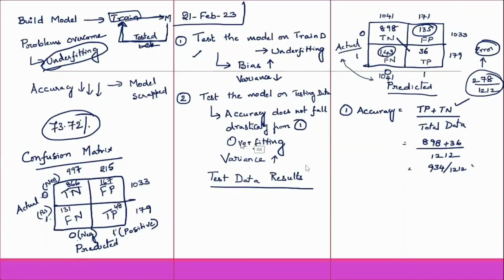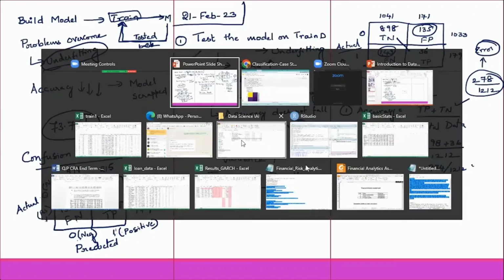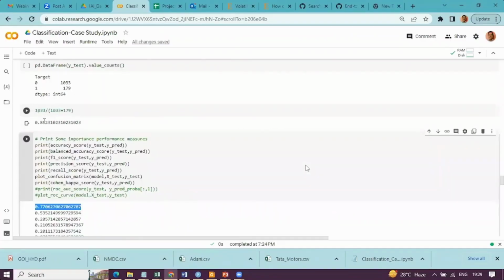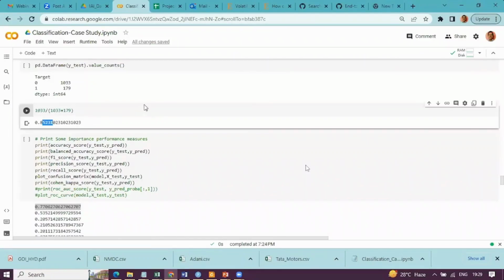But we know the default accuracy itself is 85%, because we could see that the distribution is around 85.23%. So if I say that everyone will not default, everyone will belong to group 0, then obviously my accuracy is 85%.